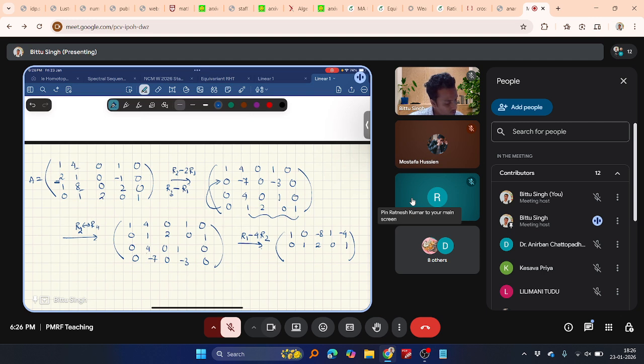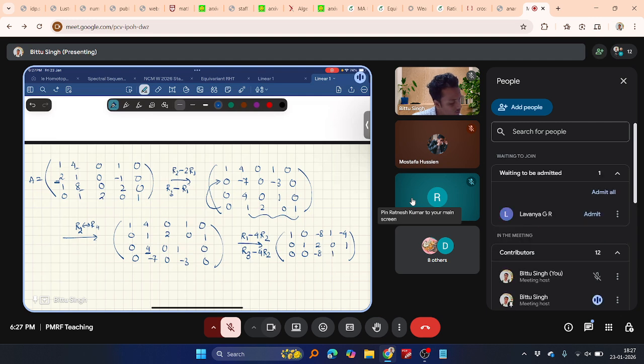Now again a similar thing happens here. There is another 4, so we perform r3 minus 4 times r2. So it becomes 0 0, minus 8, 1 minus 0, 0 minus 4.